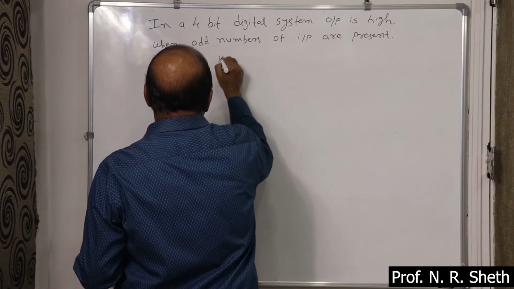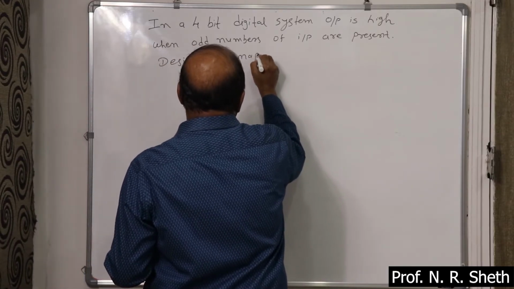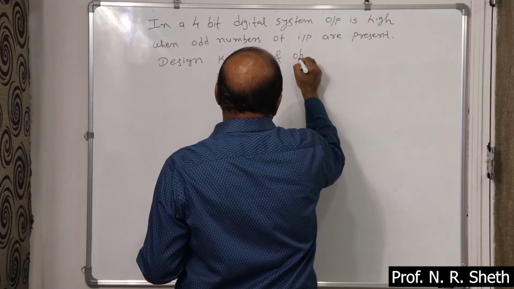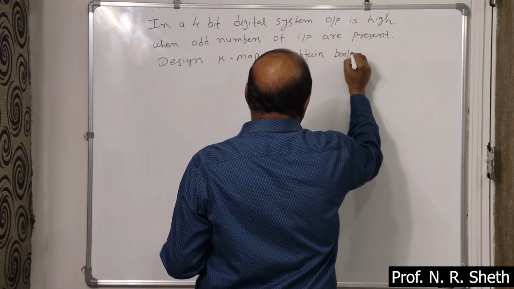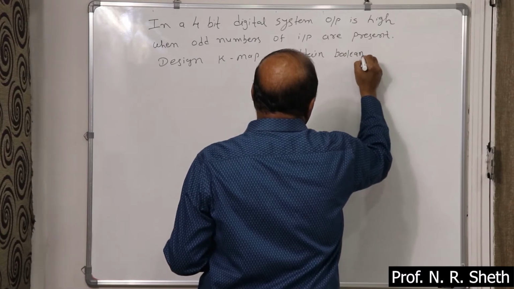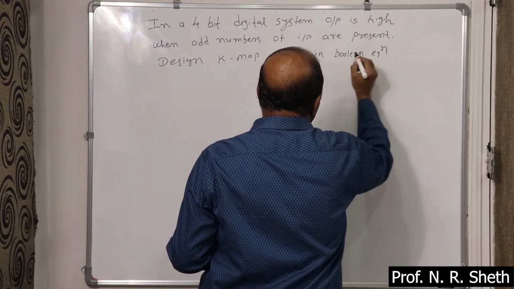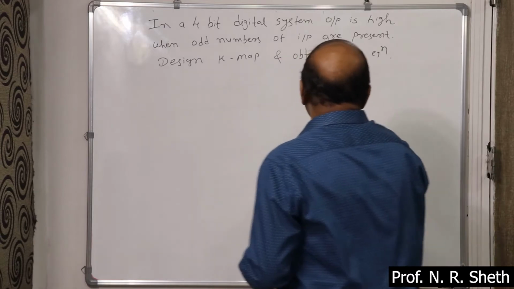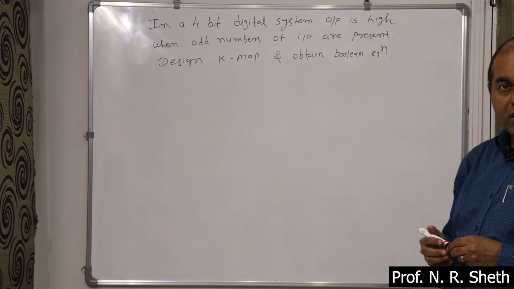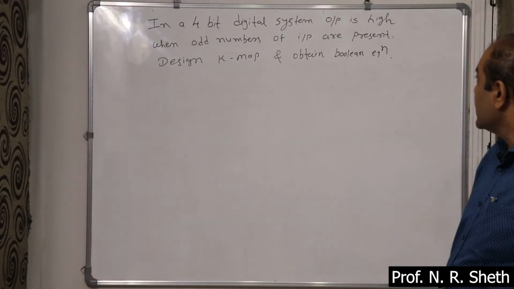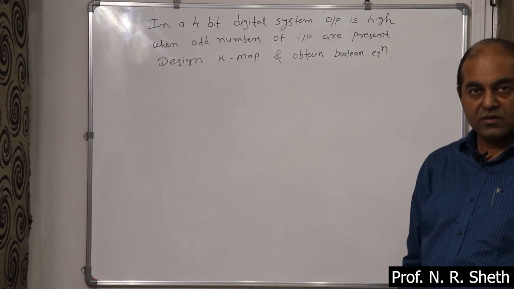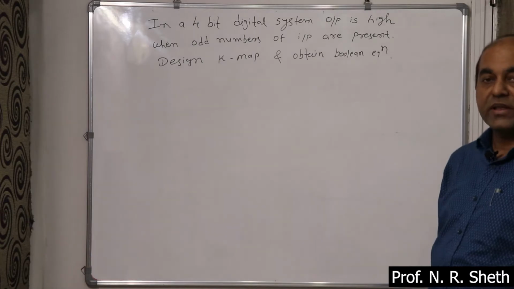Design K-map and obtain Boolean equation. In a 4-bit digital system, output is high when an odd number of inputs are present. Design K-map and obtain the Boolean equation.